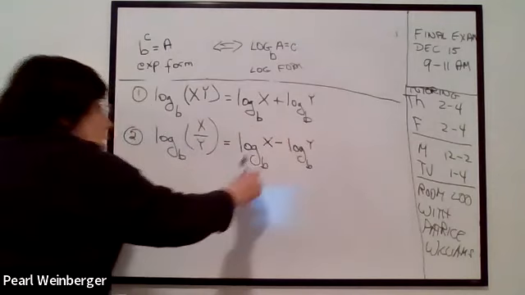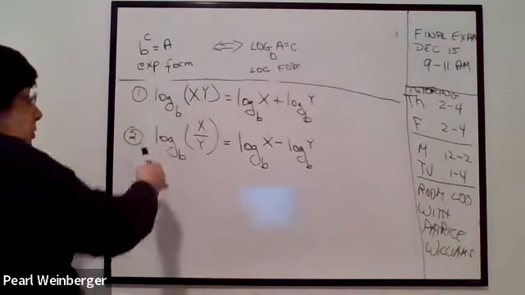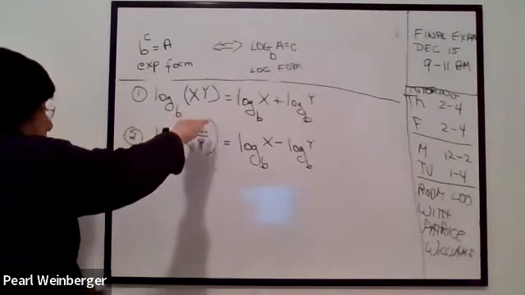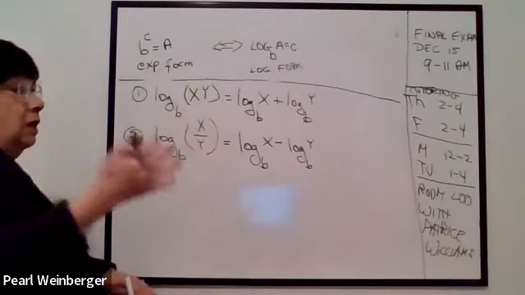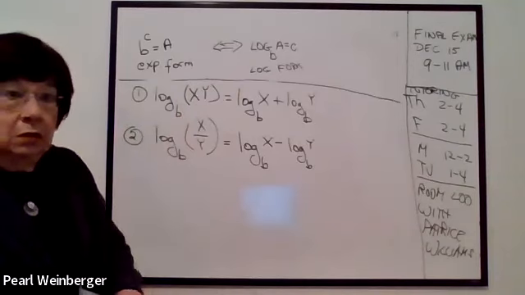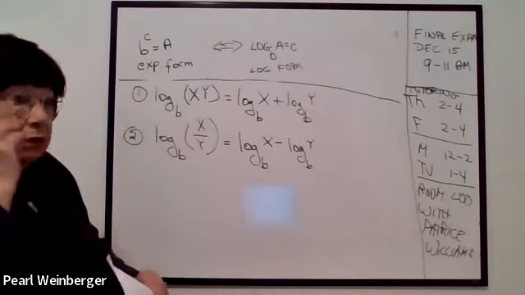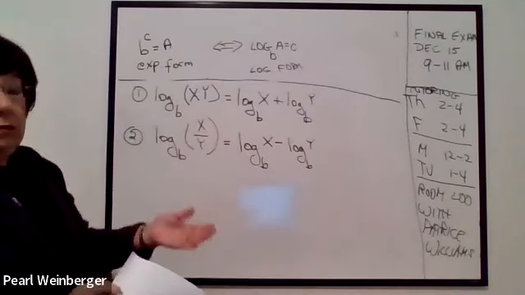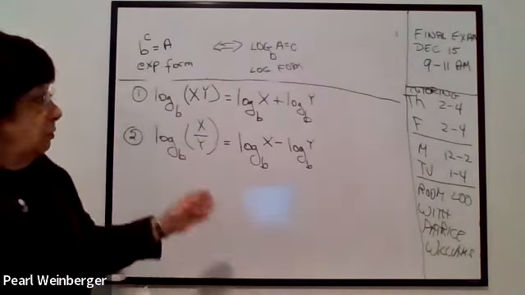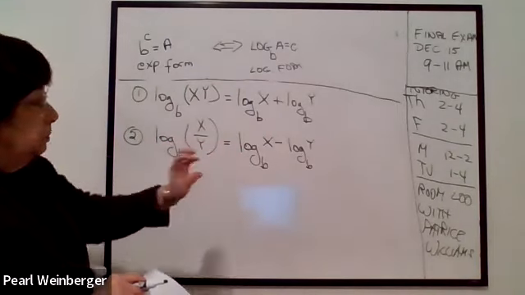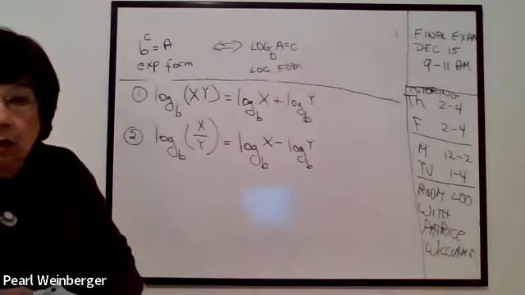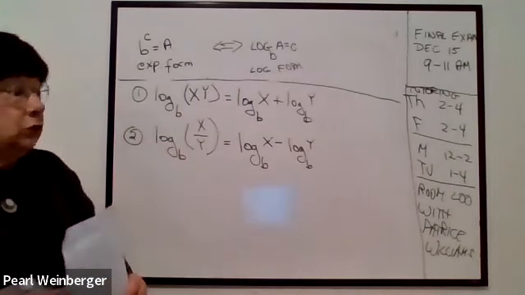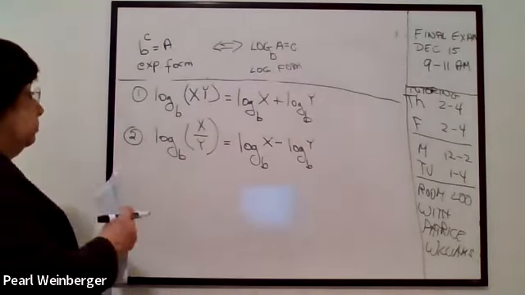Remember, the word log means exponent. If you have something that's a fraction and it's raised to an exponent, you subtract the exponents. Remember, the logs are the exponents. So what do we do to the exponents when we're dividing? We subtract the exponents. So that's why we subtract the logs.